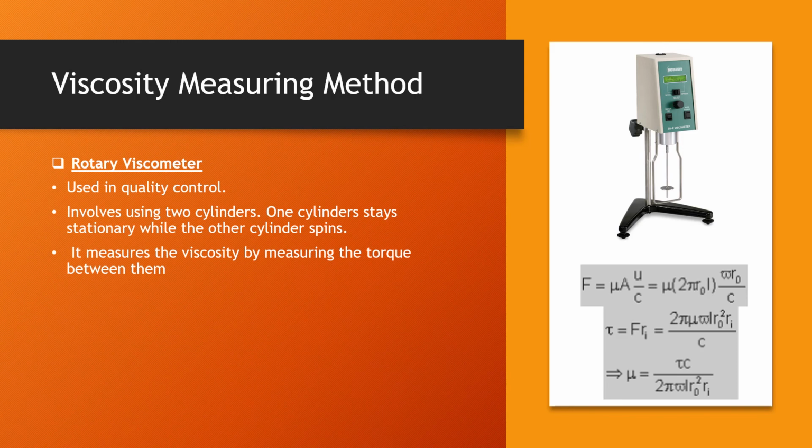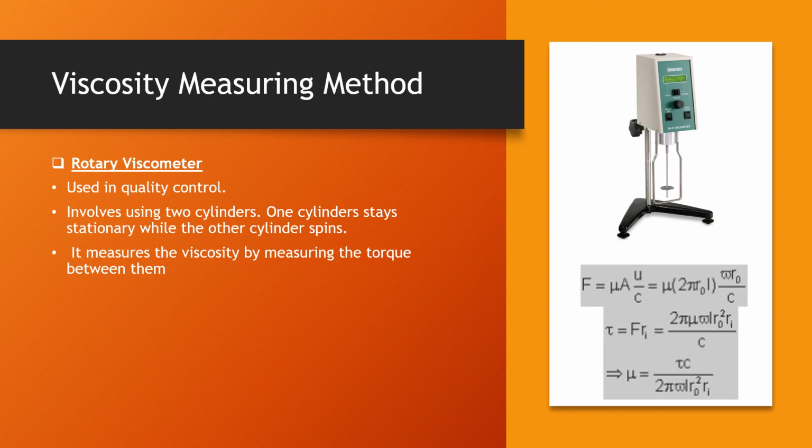The final method is the rotary viscometer. This is usually used in quality controls in industries. This involves two cylinders where one would be stationary and the other cylinder would spin. The viscosity is going to be measured by the torque differential between them. You can see a rotary viscometer in the picture.